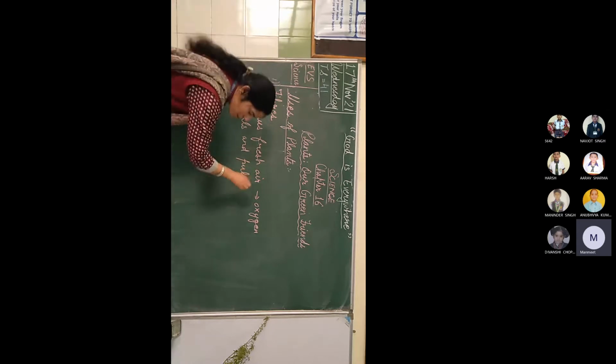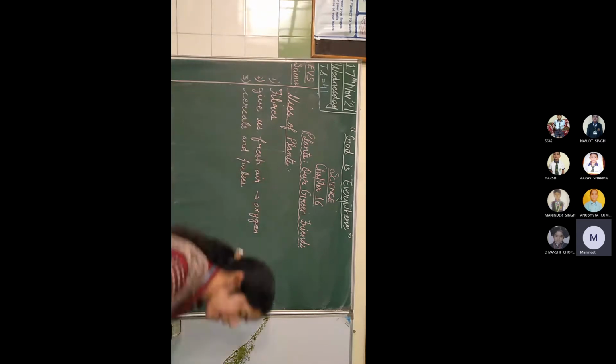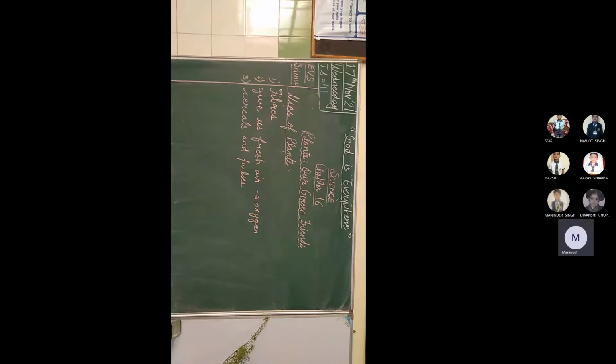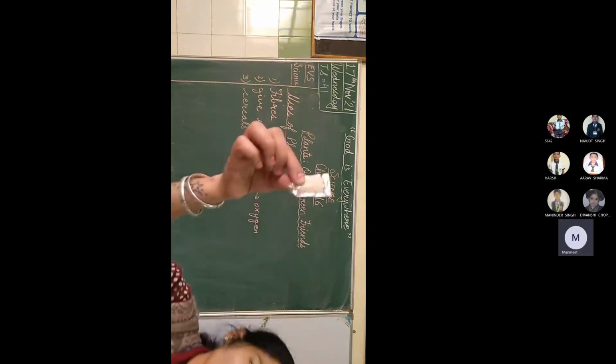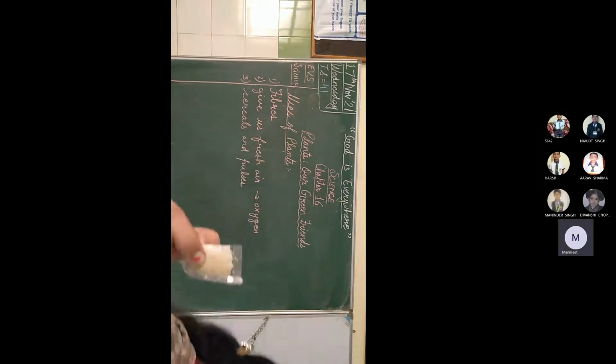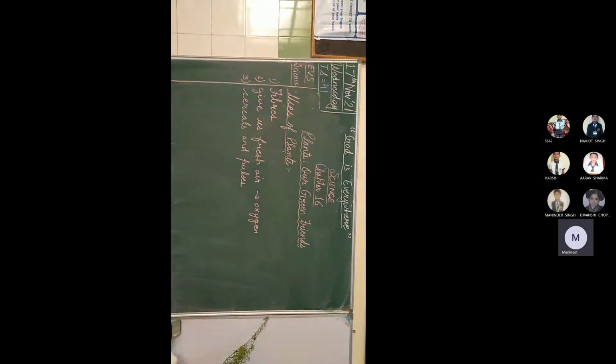At present, I am having only cereal. One cereal I am having, that is rice. Rice is your chawal. Next is maize and your barley. These are all your cereals.